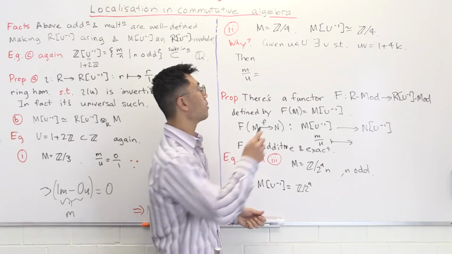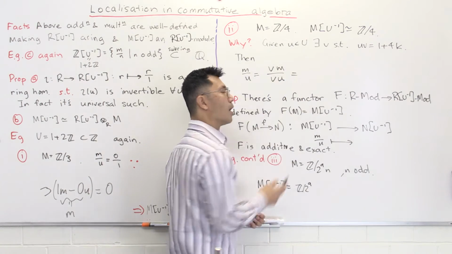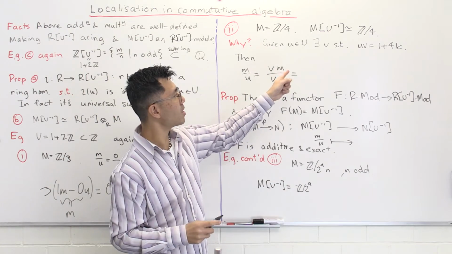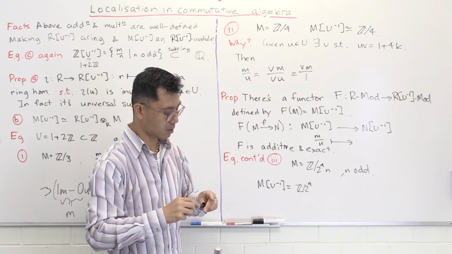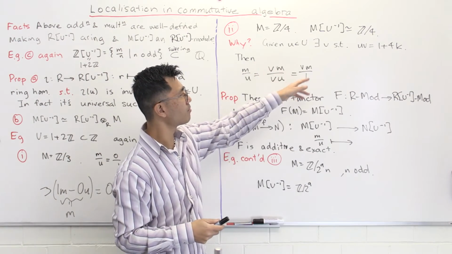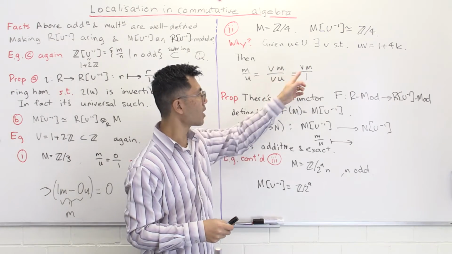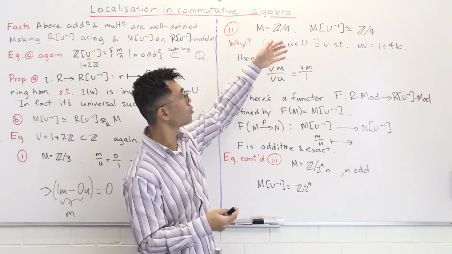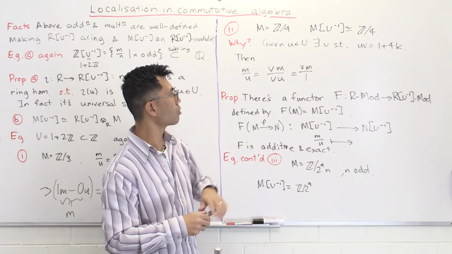So I multiply top and bottom by v, and I claim this fraction is just the same as vm over 1. Why is it the same fraction? We have to do the cross products and check they're equal up to multiplying by some odd integer. So let's do the cross products.